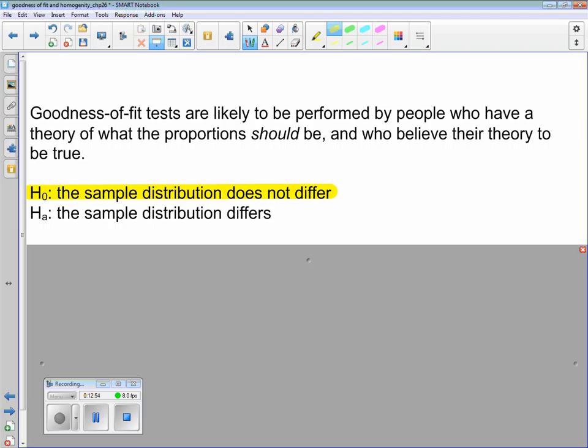The alternative is just that the sample is different, either from each other or from the historical perspective. So you just have to put this and then the context, and it's really the same every time. When we get to homogeneity and independence, we're just going to change a word here or there, but it's basically the same thing. Either it doesn't differ or it does.